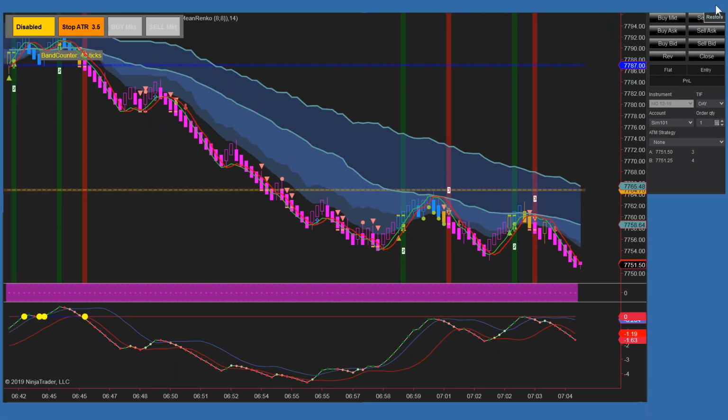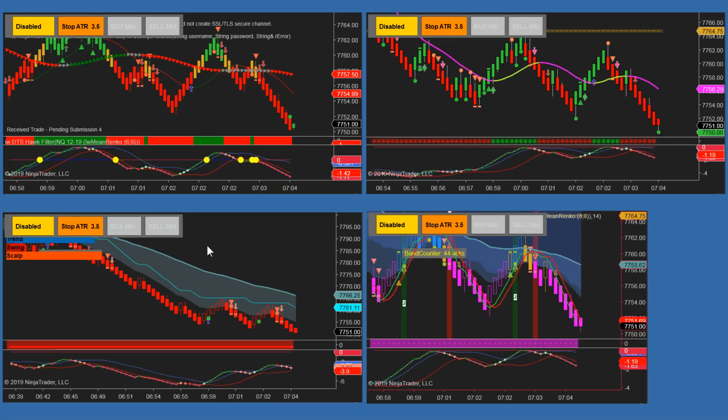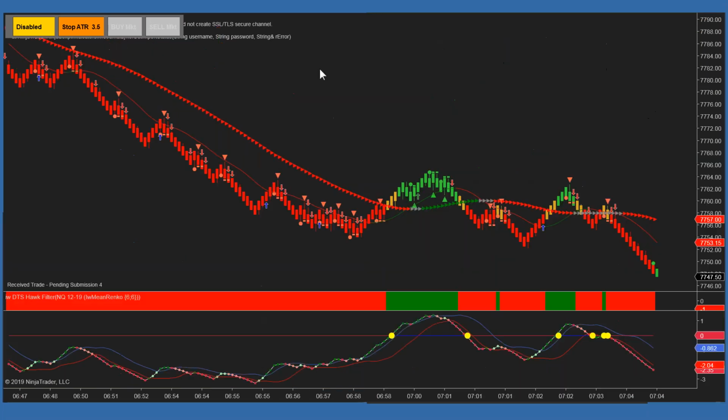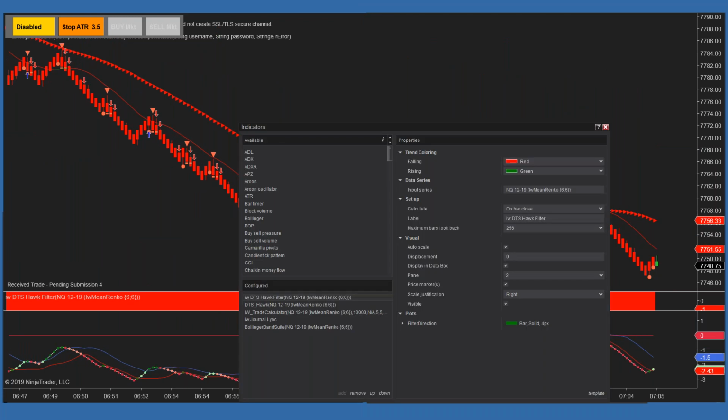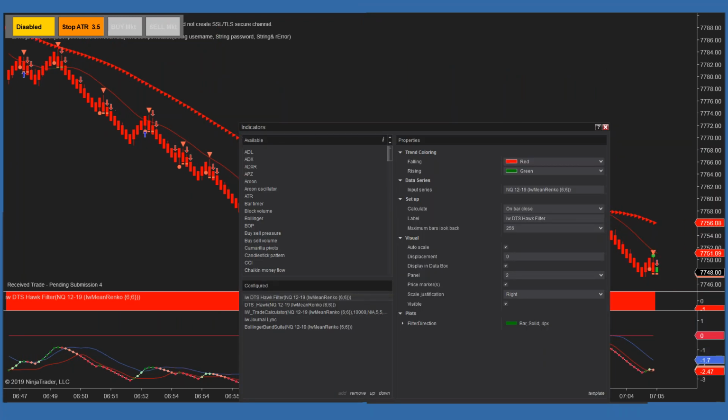So, hey, you know what? I don't look at the hawk nearly enough. Let's throw it here on the hawk. I may need to change the colors because we got a whole lot of red and green on the hawk already.